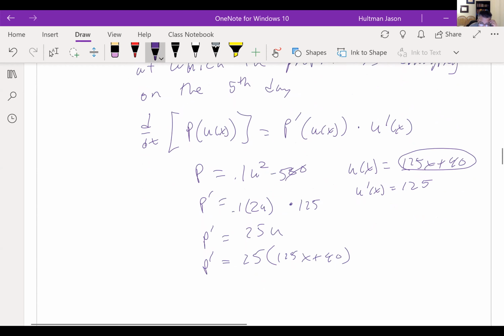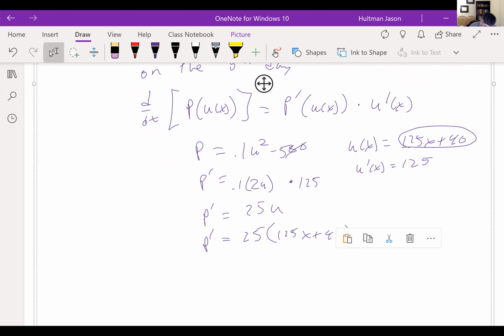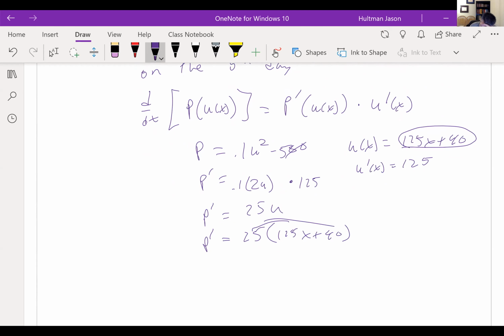Okay, and so I could distribute this. p prime of x is equal to 25 times 125. What is that? 25 times 125, 3125x plus, okay, 40 times 25. That's 1,000.